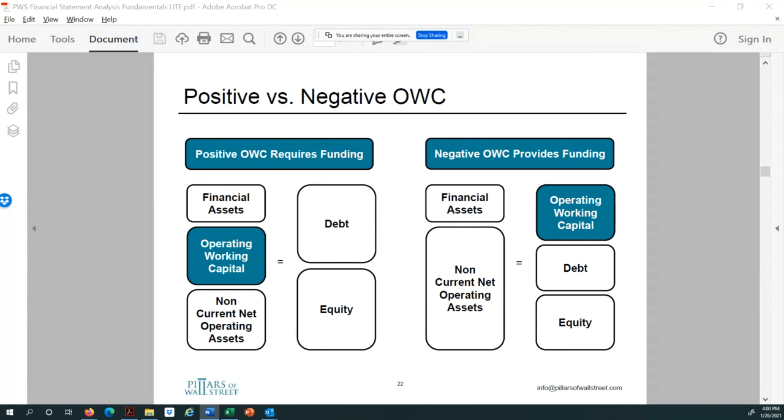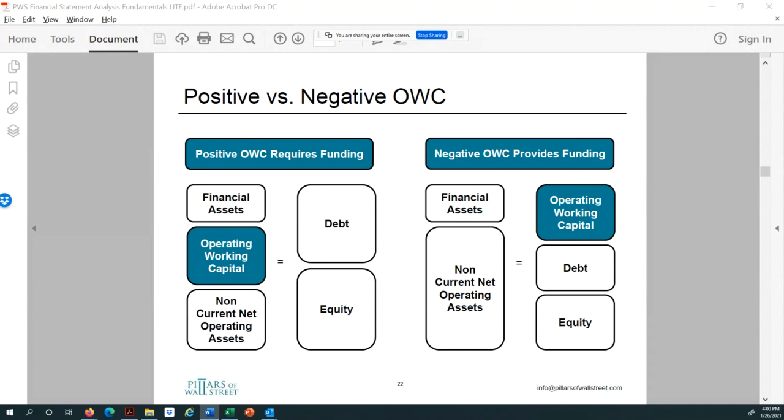Same thing with deferred revenue. Let's say an airline collects all this money up front. Well, that's a source of financing, because they're not going to fly you until, let's say, 2, 3, 4 months down the road when you plan on flying, but they collect your money up front. It's a form of working capital, a source of financing, because they can then fund things like pilot and airline staff salaries, fuel.